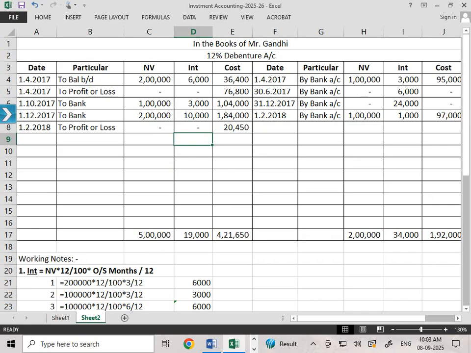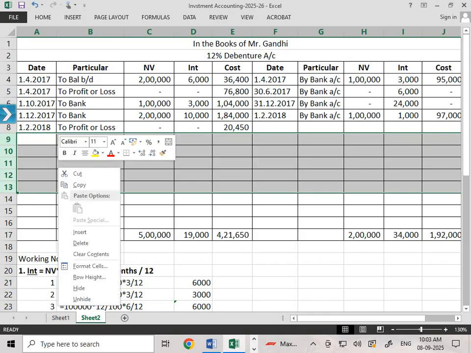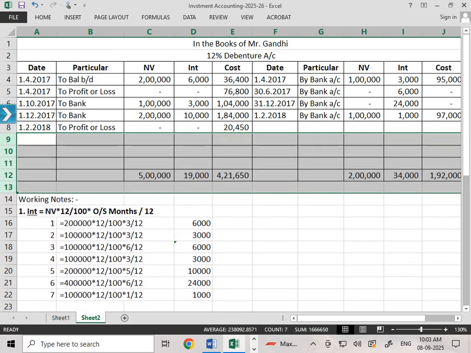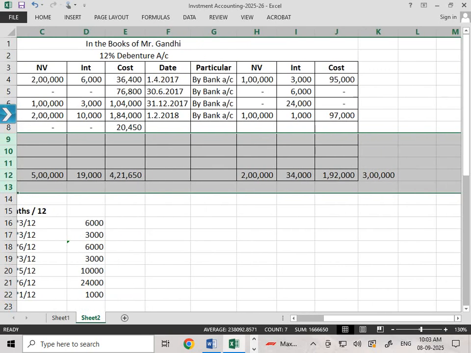All the transactions are finished. Now we have to close this account. How to close this account? Please pay attention here. Very, very important. Nominal value you can close very easily. So here I am closing this nominal value. What is the nominal value balance? 3 lakh.